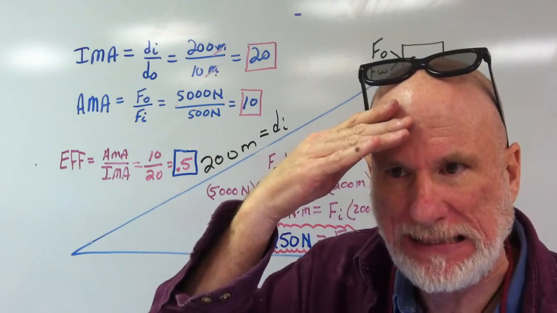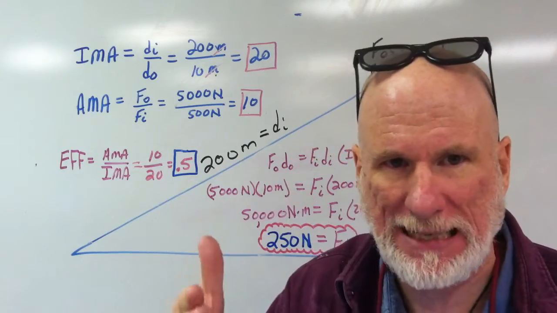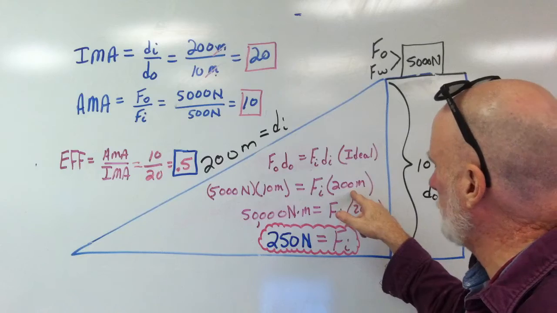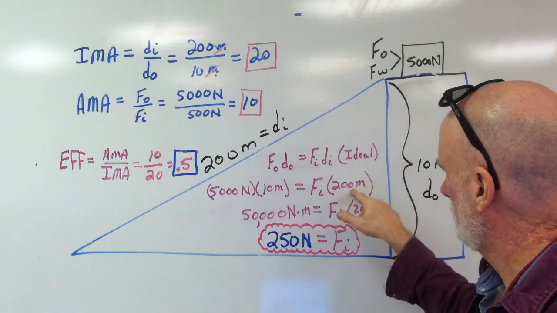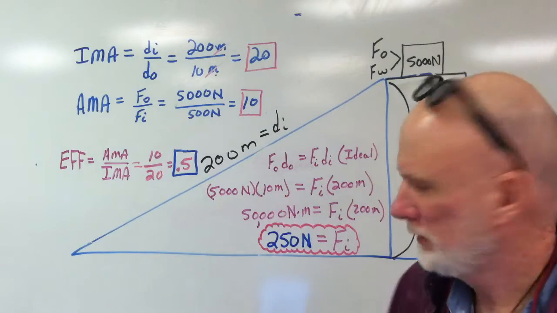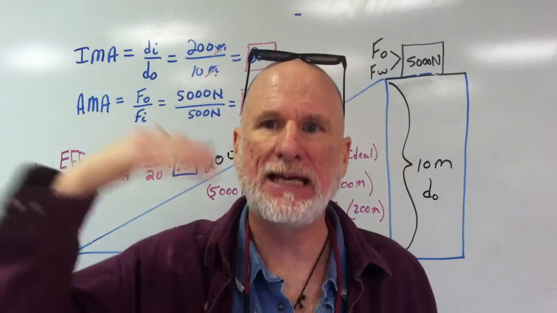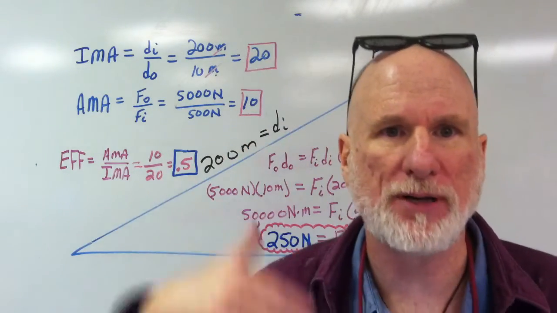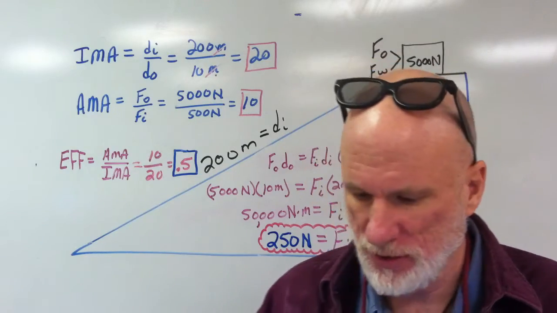I'm looking for the ideal input force. I stands for input, not ideal. 200 is DI. That's what I'm looking for. Okay? 250 newtons. That's the ideal input force. Input force should be 250 newtons.